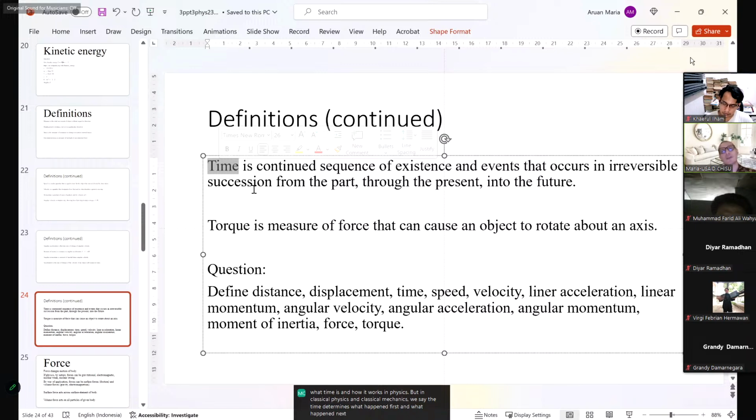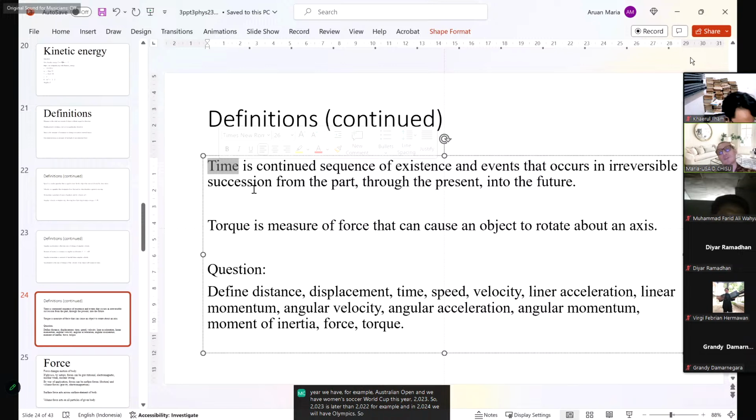For example, last year we had the Soccer World Cup, right? It was in the past. And this year we have, for example, Australian Open, and we have Women's Soccer World Cup this year, 2023. So 2023 is later than 2022, for example. And in 2024, we will have Olympics.